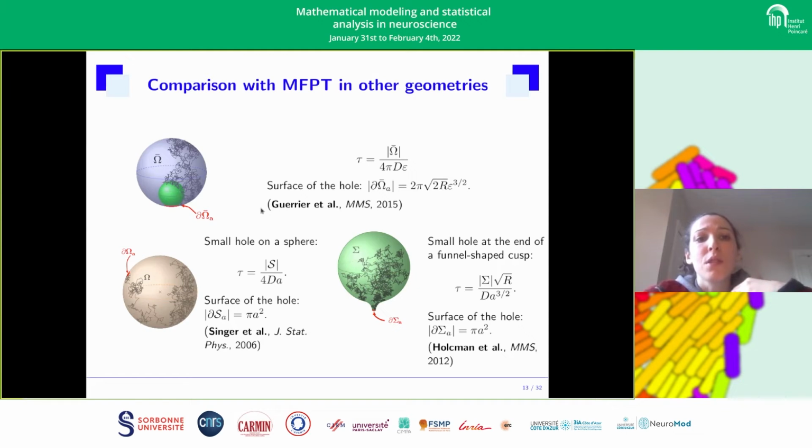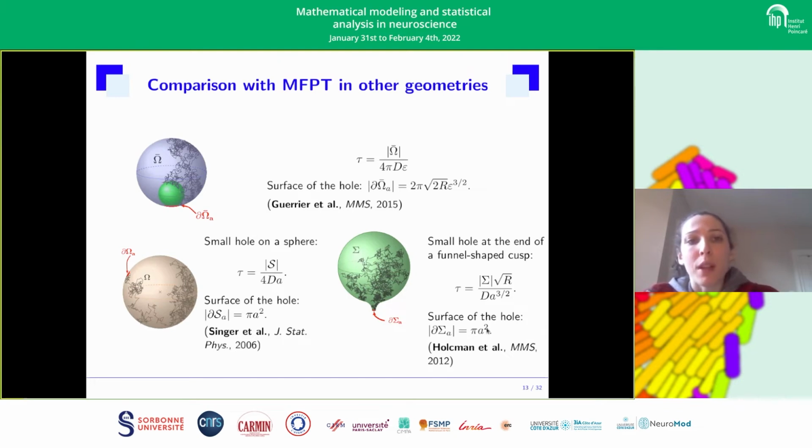You had already known results, like, for example, if you want to try to reach a small hole in a sphere where the sphere is of radius a, then this is the mean first passage time you get, where the surface of the hole would be like pi a squared. This is just a circle. You can do the same, like the results in the funnel shape curve here have also been derived. This is something that you can use probably when you do meiosis and mitosis for cell division. This is a kind of geometry you can find. And again, the mean first passage time has a different dependence on the size of the hole.